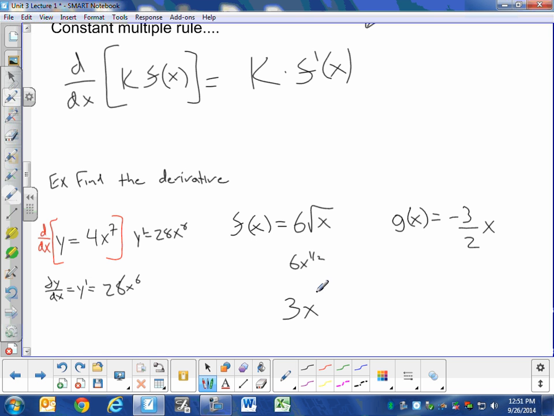Subtract 1 from 1/2, I get -1/2. You get 3x to the -1/2. Of course, I'm taking the derivative of this, giving me f prime is equal to 3x to the -1/2, which is the same as 3 over root x, or 3 over x to the positive 1/2.